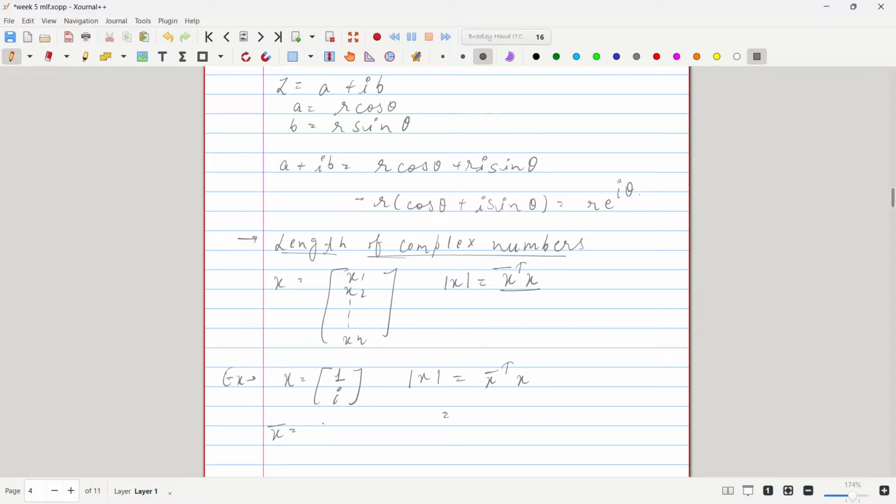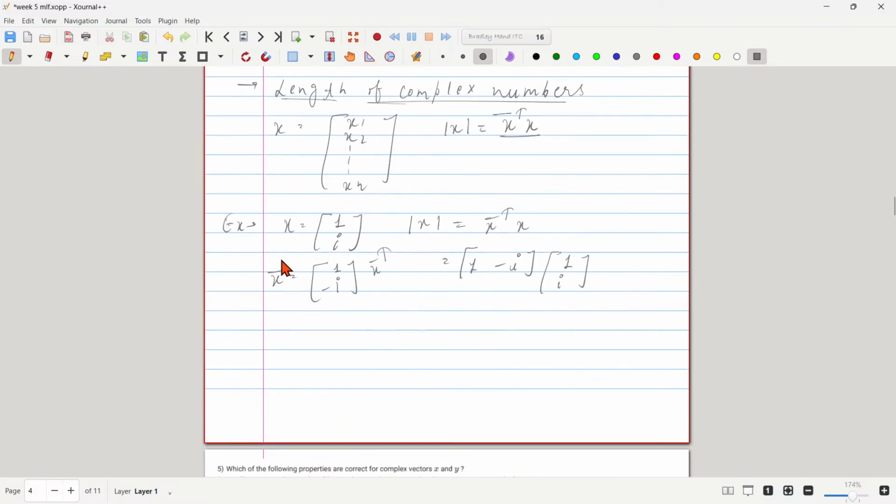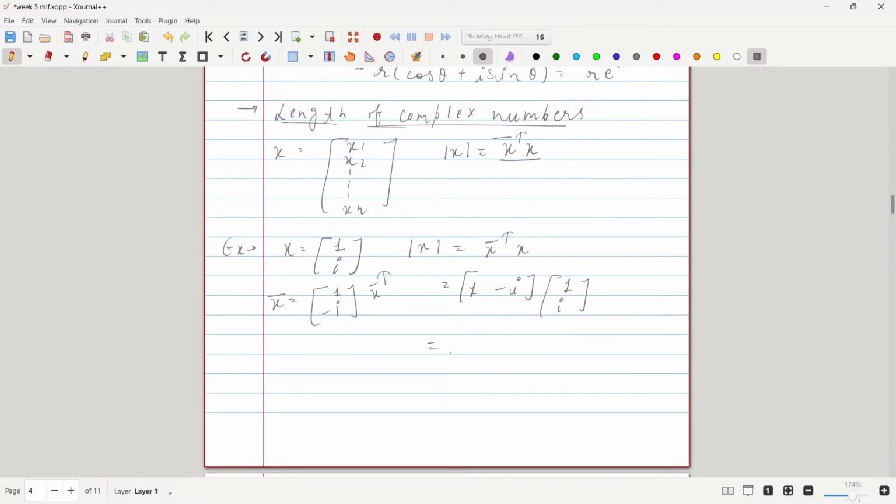So x conjugate will be equal to (1, minus iota), and x conjugate transpose will be equal to (1 minus iota). So this will be equal to 1 minus i square. What is i square? I square is minus 1. So 1 minus of minus 1 will be equal to 2. Okay. So this is how you have to find the length of complex numbers.